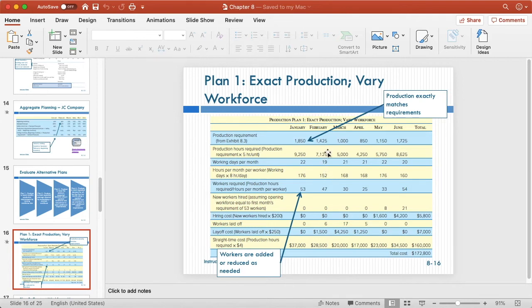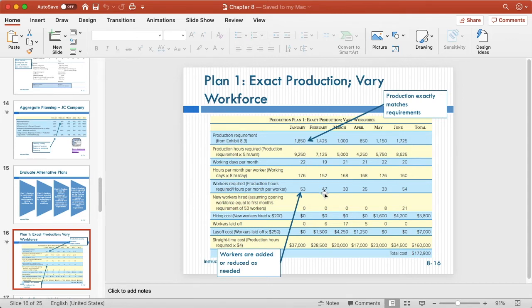So this is the total production hours that you need to fit. This is how many hours every worker can produce. Then this amount, 7,125, divided by 152 gives the required worker numbers. In February, you need 47 workers.